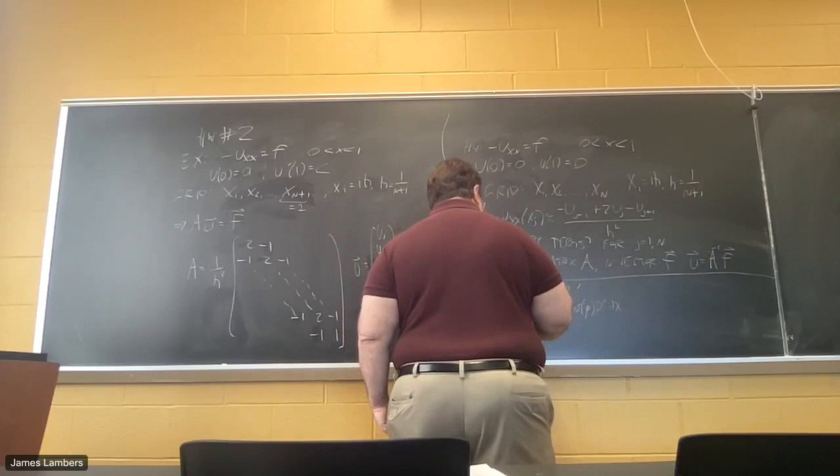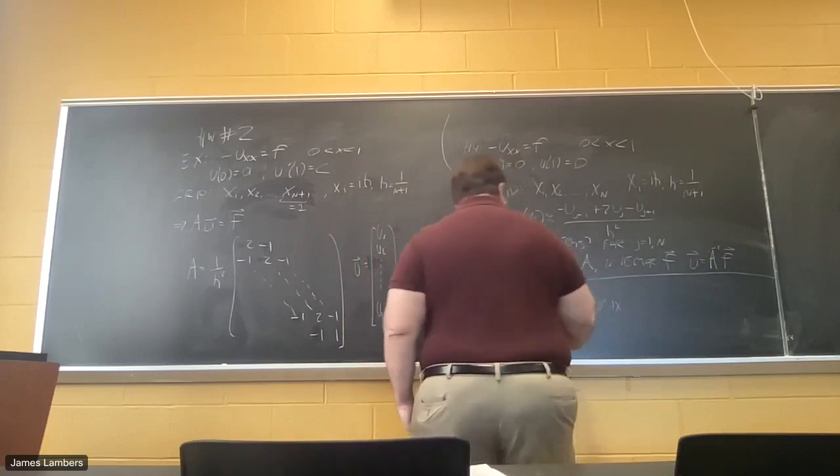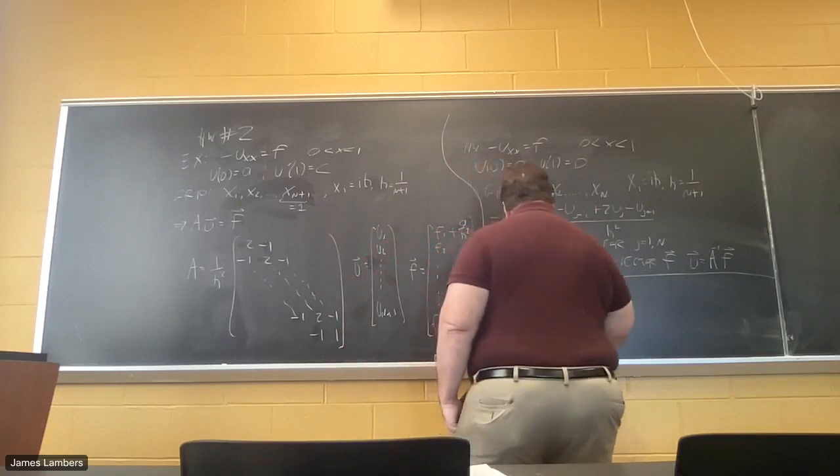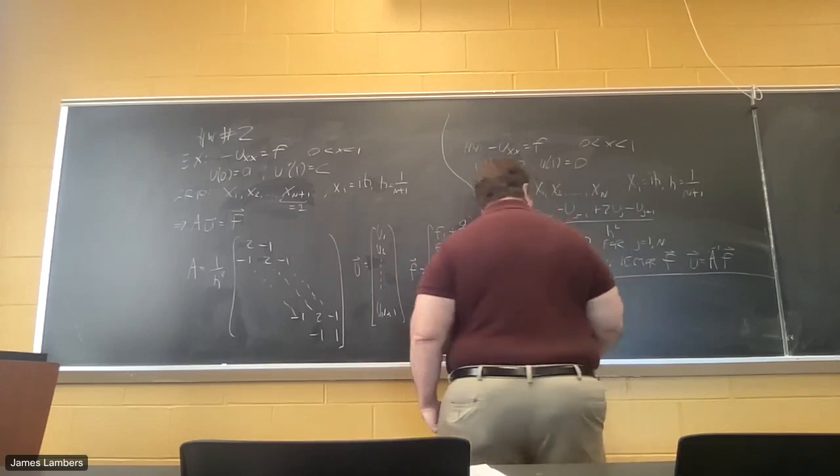So the u part would be sine phi prime, and then the v would be phi. And then here, phi double prime is the dv. Cosine of phi is the u.